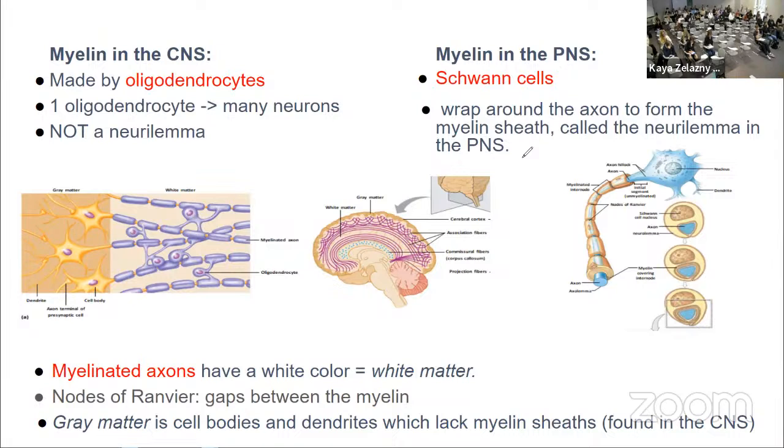Right? The gray matter is made up of stuff that is not covered by myelin. So usually we're thinking about cell bodies, dendrites, and some small neurons where we have axons that are not covered by myelin sheaths. So gray matter you can see in the central nervous system, because really in the peripheral nervous system, you have to go far, so you want to get there fast. So pretty much everything is myelin. And that is it.